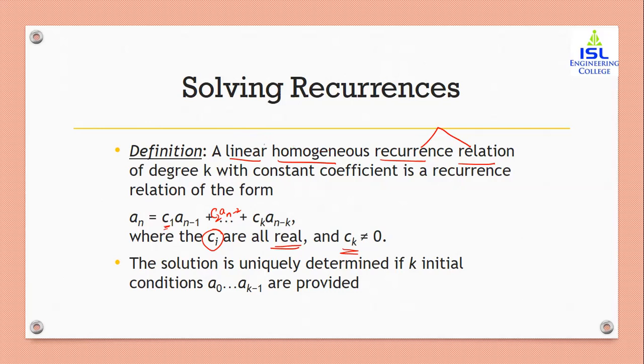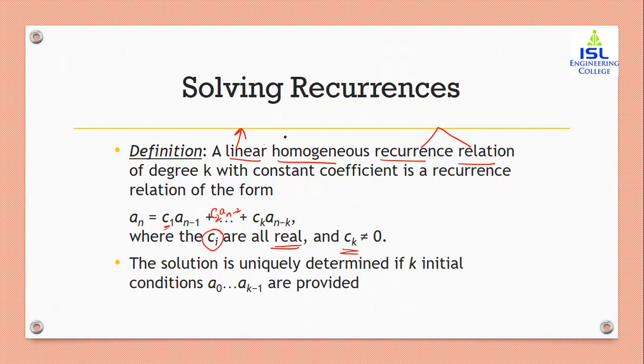Let's see that. First, what do we mean by linear? A recurrence relation is known as linear if the right hand side is a sum of the previous terms. Whenever we are taking the sum of previous terms, that recurrence relation is known as a linear recurrence relation.